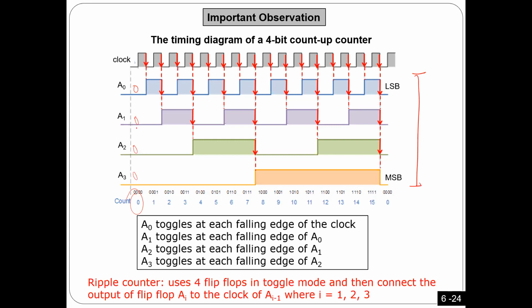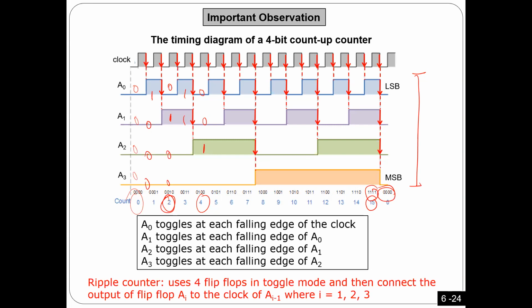Here you have 0, 0, 0, 0 for one clock, and then 1, 0, 0, 0, which is number 1, and then 0, 1, 0, 0, which is number 2, and then 1, 1, 0, 0, which is number 3, until number 15, which is 1, 1, 1, 1, and after that we get 0, 0, 0, 0 again.